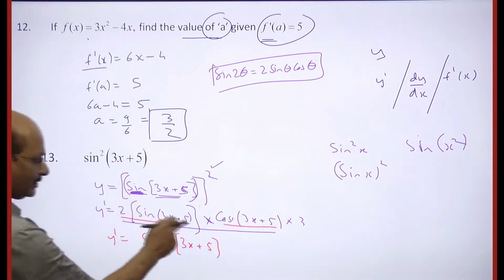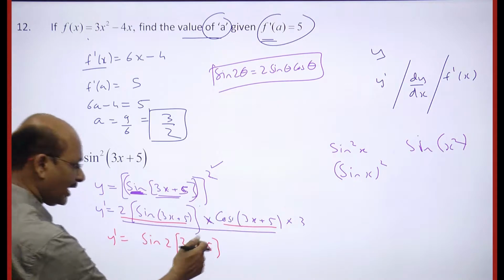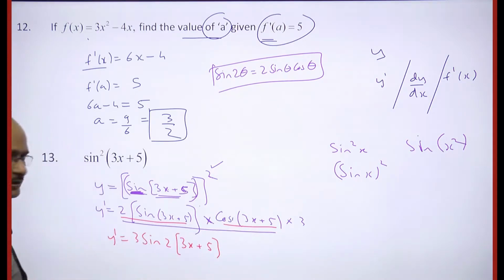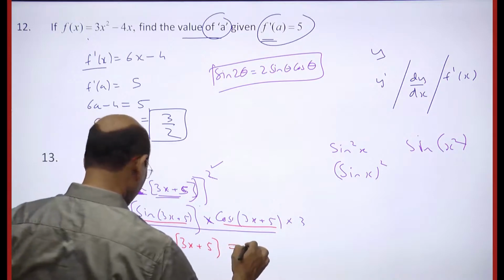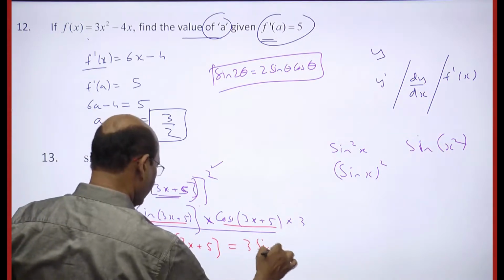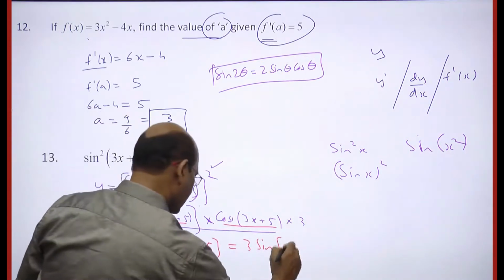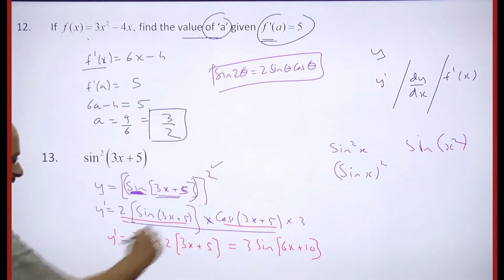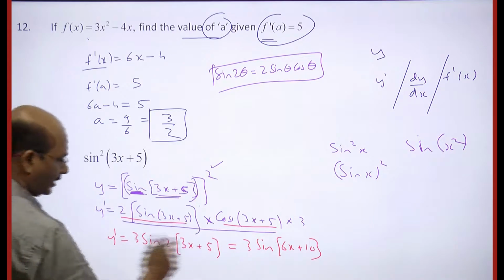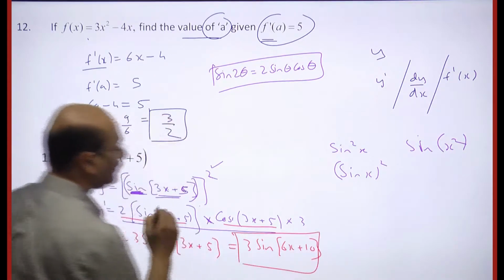So 2 sine theta cos theta is sine 2 theta, and this 3 you can just place it. If you want, you can take it inside, which is nothing but 3 sine of 6x plus 10. So even if you don't take it inside, fine, any way of writing is fine with this particular part.